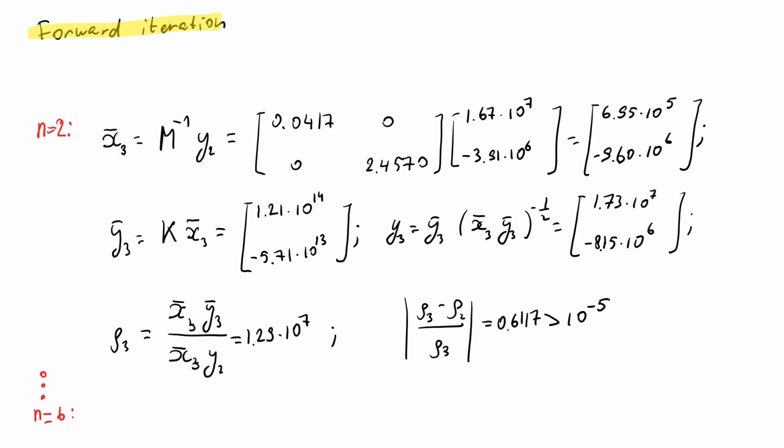The algorithm implemented on my laptop converges after 6 steps. So the eigenvalue will be equal to row 7, will be equal to 1.37 times 10 to the power of 7.